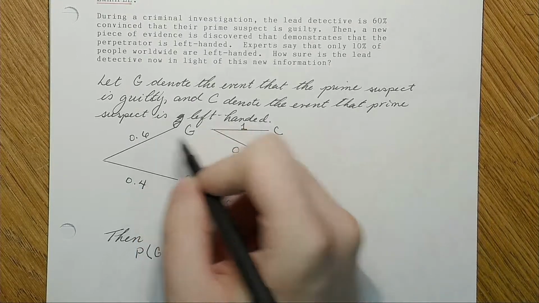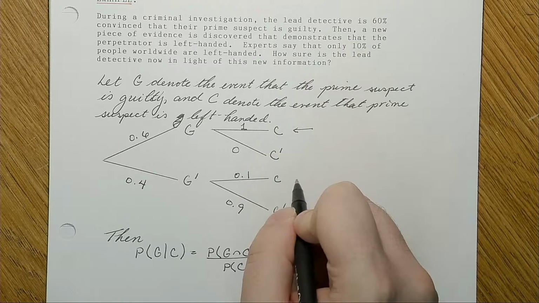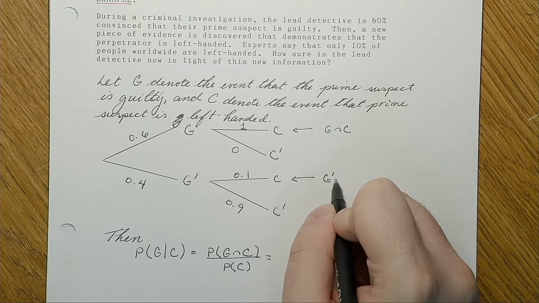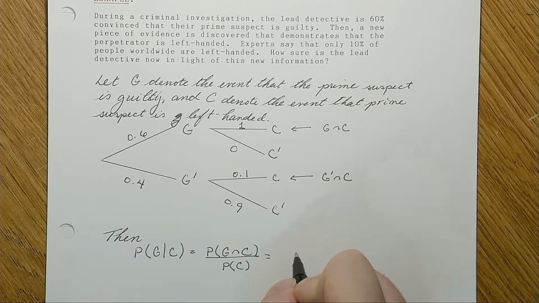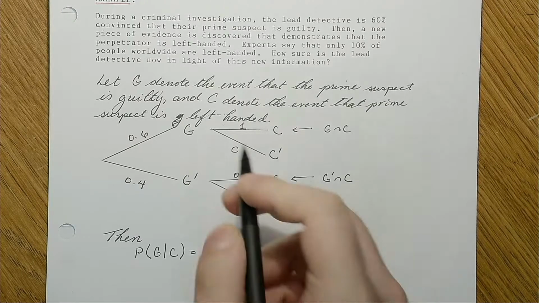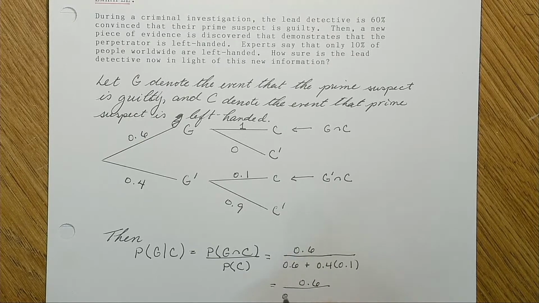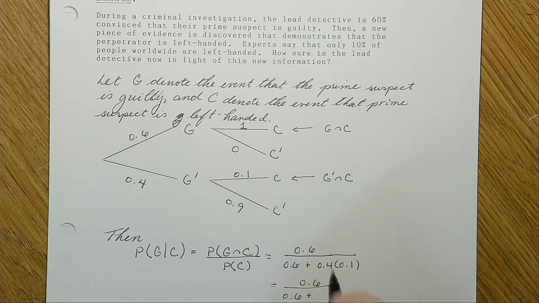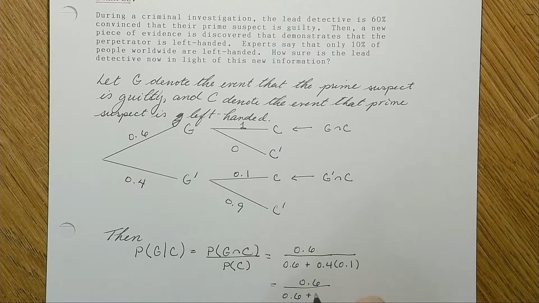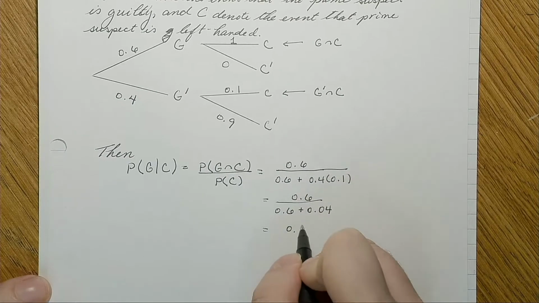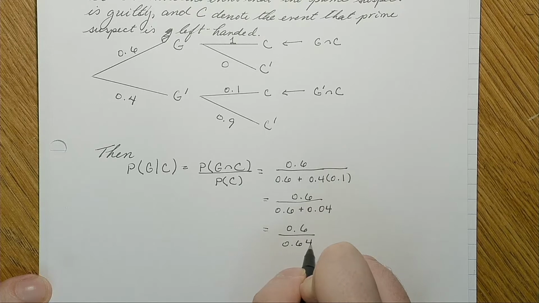So again, we have 0.6 times 1 over 0.6 plus 0.4 times 0.01, which gives me 0.6 over 0.64.